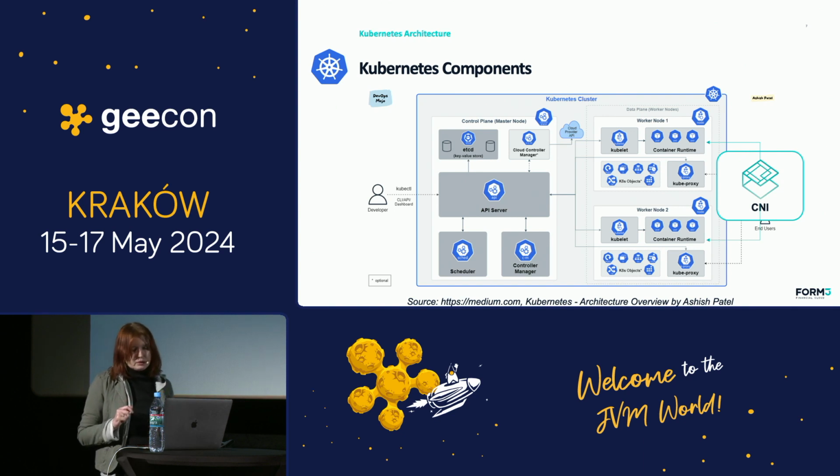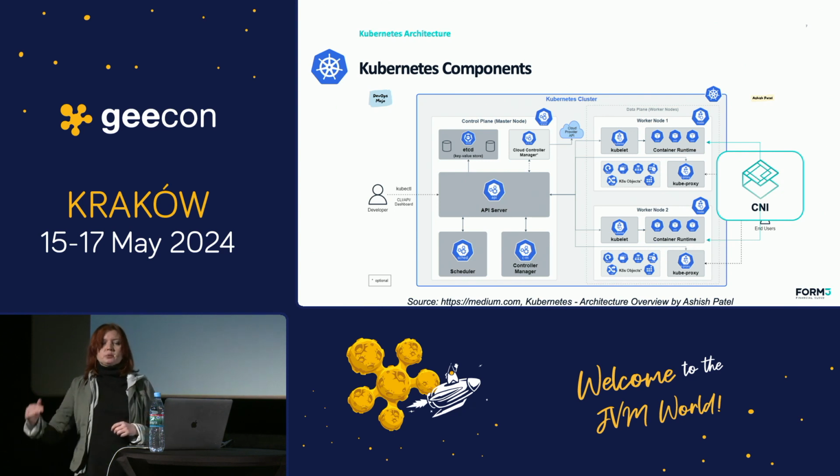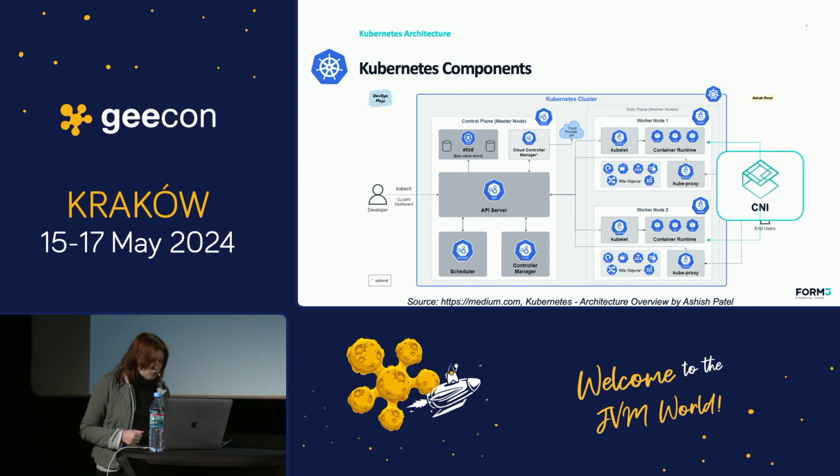CNI, container network interface, on Kubernetes level. So basically, Kubernetes exposes this flat network security model where each pod can communicate with any other pod. To implement this model, they make use of this container network interface. That's only an interface, a specification.